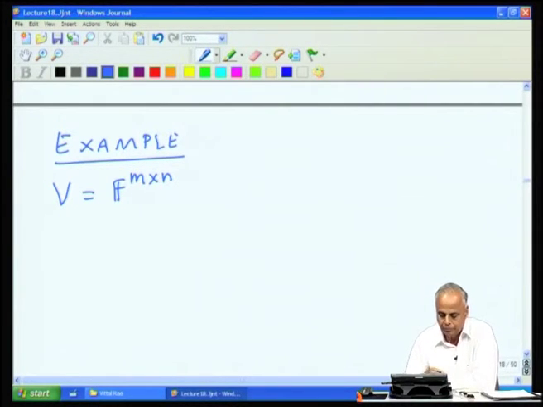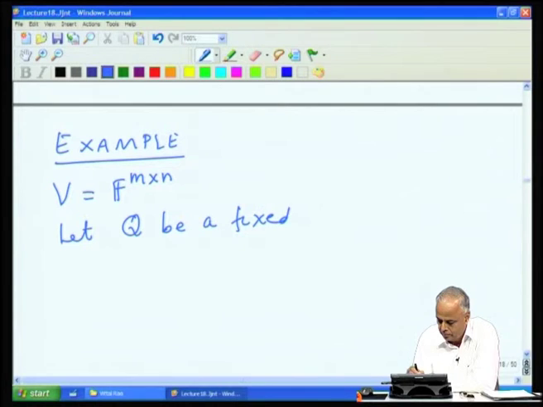Now, I want to pre-multiply or left multiply x in F m n. So, I have to take an m by m matrix. So, let Q be a fixed m by m matrix in F m cross m.